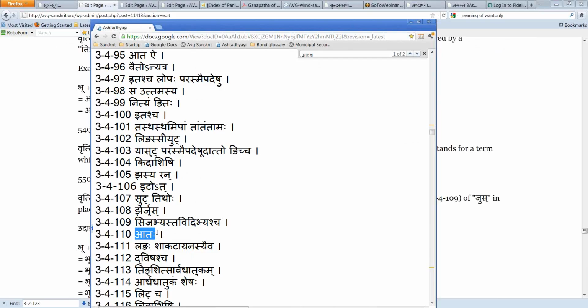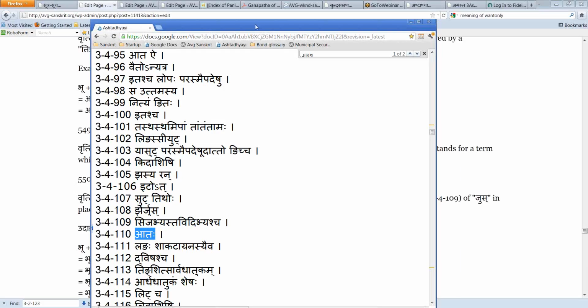Now how can jhi follow an adanta dhatu and follow sich at the same time? It can only do that when sich luk has taken place. So if sich luk has taken place, then jhi will become jus only if it follows an adanta dhatu. That's the meaning of ataha.